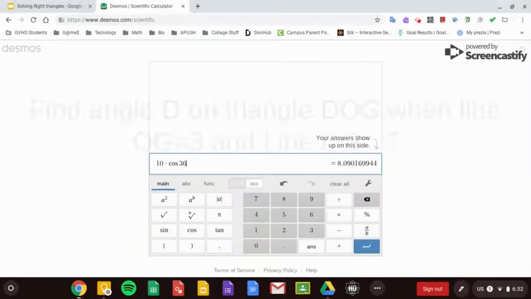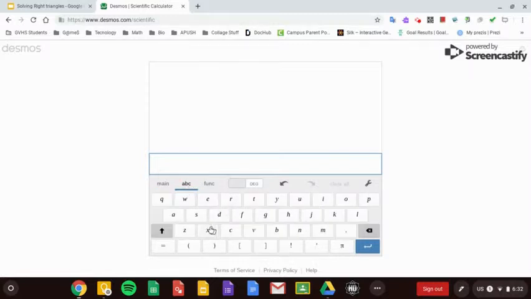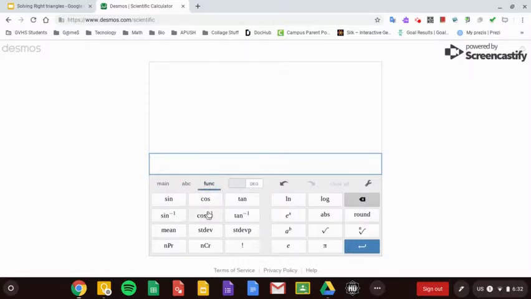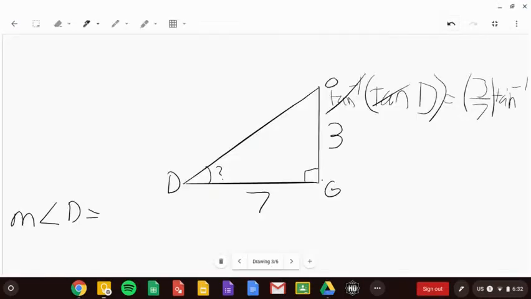Then you can throw that on your calculator: tan inverse of 3 over 7. Then you'll get about 23.2. And that's your answer: 23.2 degrees.